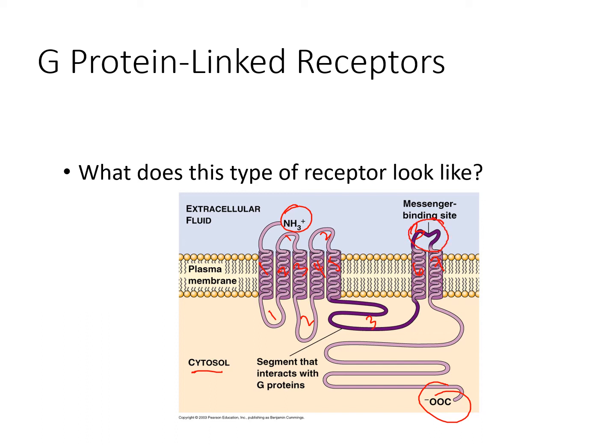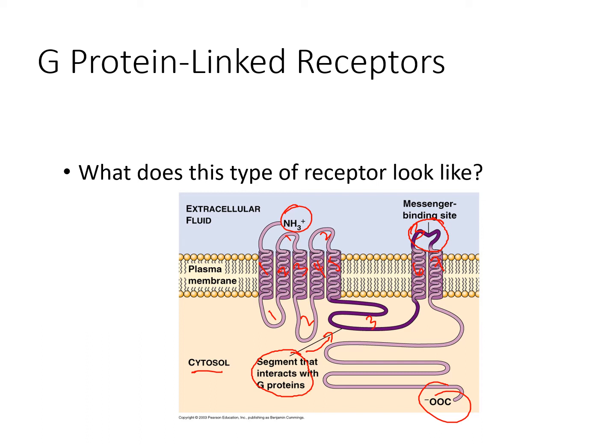The binding site occurs at the loop on the extracellular surface, while the part that interacts with the G protein is somewhere inside the cytosol.